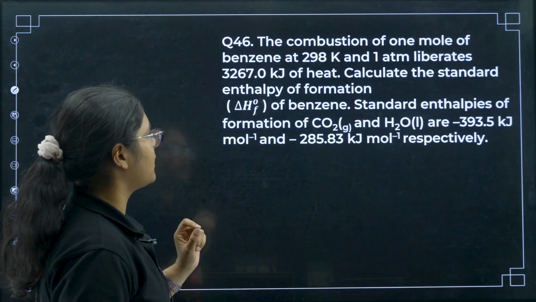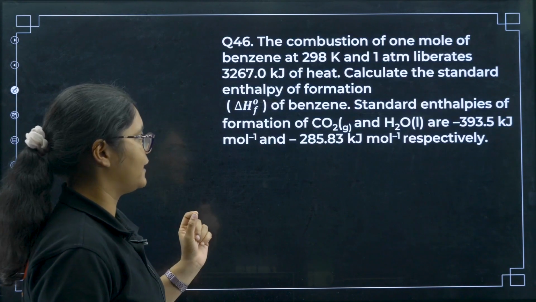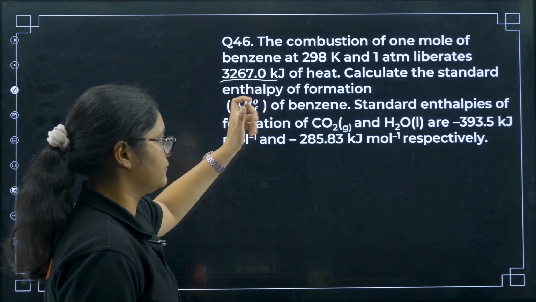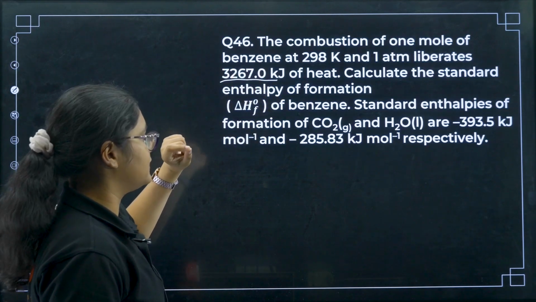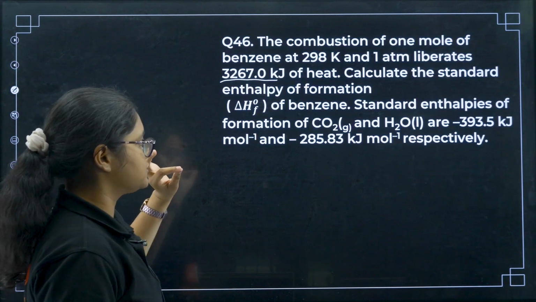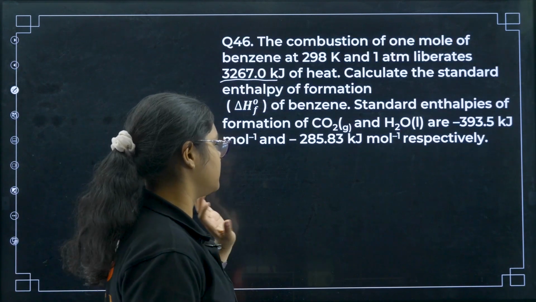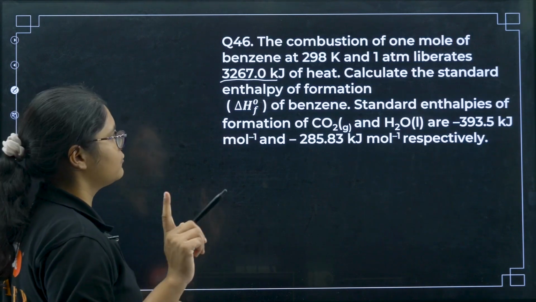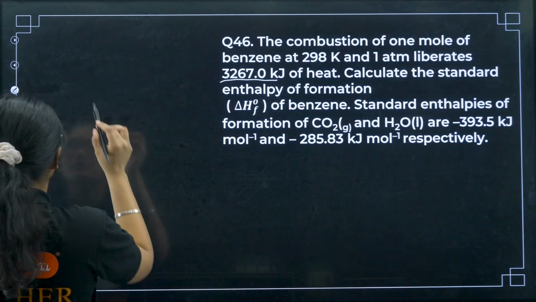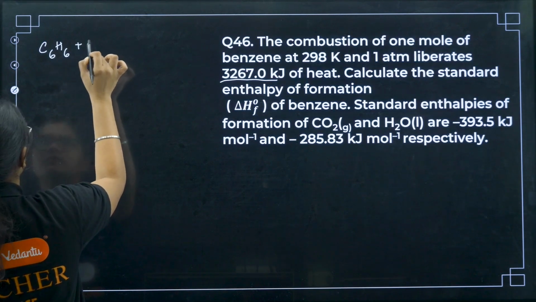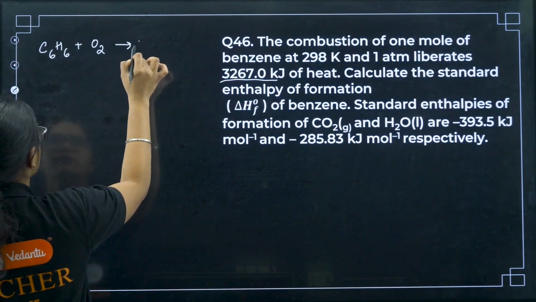The combustion of 1 mole of benzene at 298 Kelvin and 1 atm liberates this much amount of heat. Calculate the standard enthalpy of formation of benzene. The standard enthalpies of formation of CO2 and H2O are given. Combustion of 1 mole of benzene is taking place, so what will be the product here?